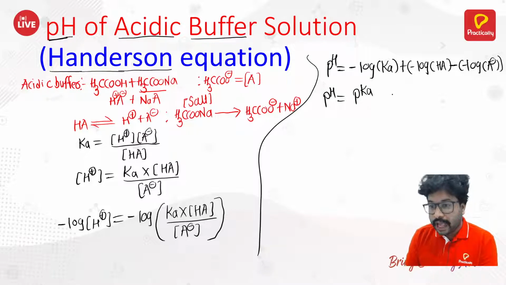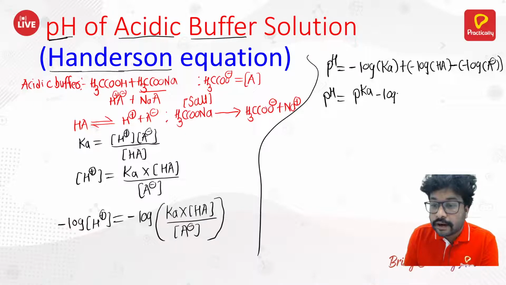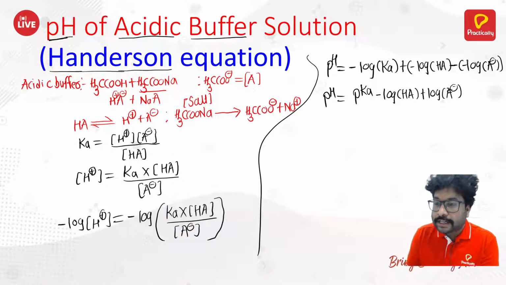Now what do we have on this side? You have a minus log of HA. This minus becomes what? Plus. So you have a minus log of HA plus log of A minus. Minus becomes plus.